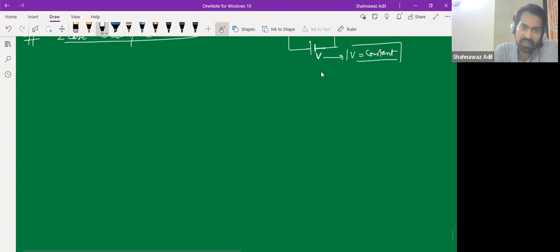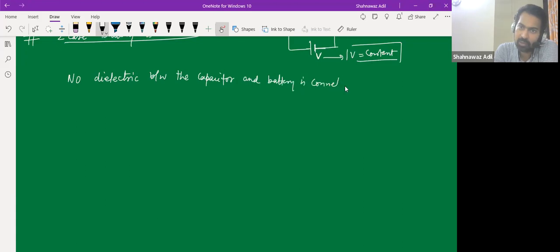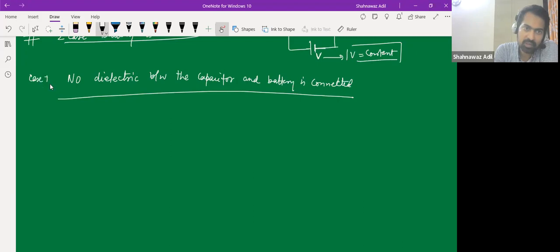So the first case is no dielectric between the capacitor plates, and the battery is connected. This is case one.